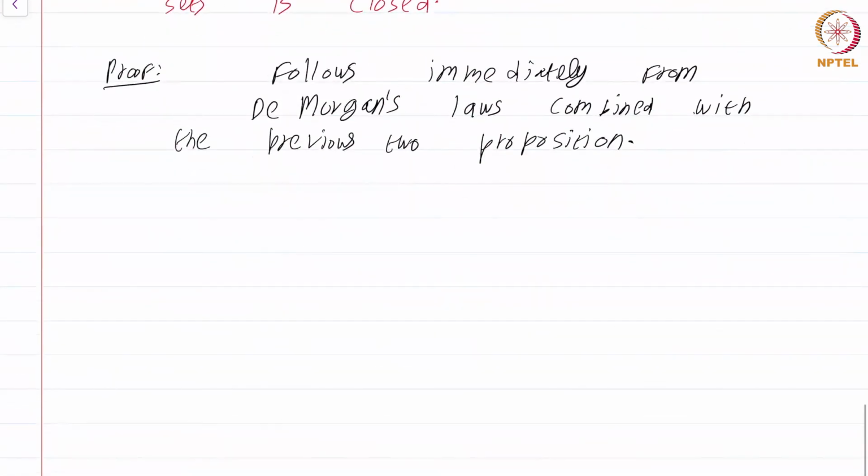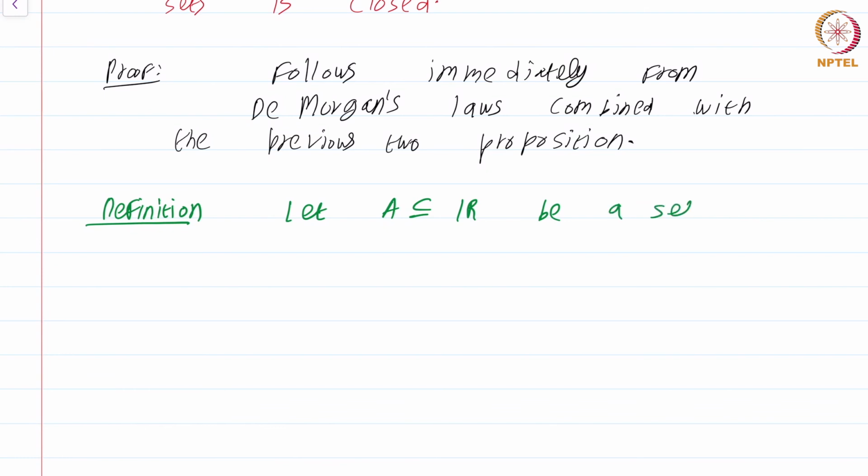Okay. Now I'm going to introduce just two more concepts which are sort of producing closed sets and open sets from a given set. Definition. Let A subset of R be a set. We define a closure. This is A written with a bar on top.